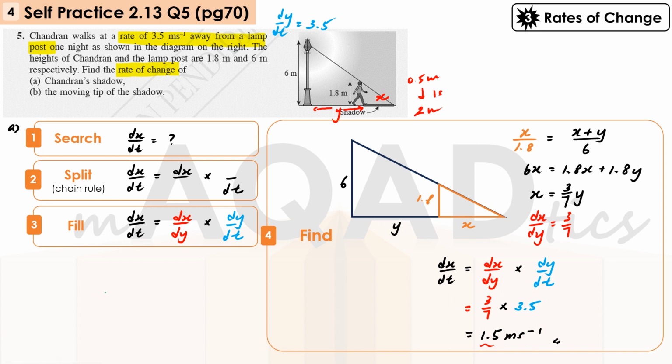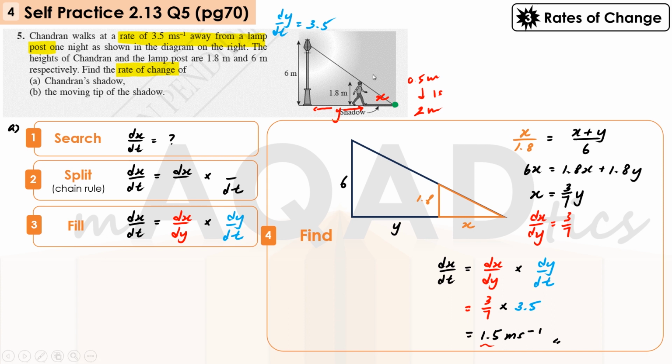Alright? The second question is to find the rate of change of the moving tip of the shadow. The moving tip is here, if you're wondering. So how do we find the rate of change of this tip? Let's compare two scenarios. The first scenario is the original scenario, which is this one.